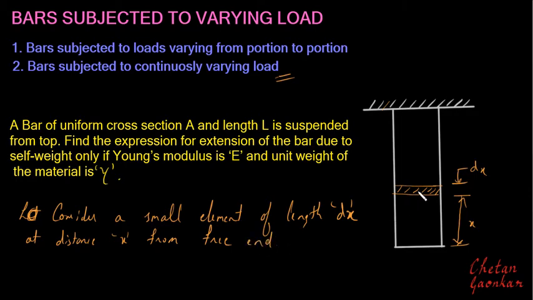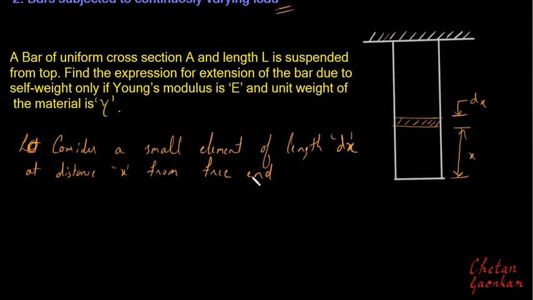So we are considering a small element of length dx at a distance x from the free end, and therefore the load acting at this section P will be because of this segment, this portion.